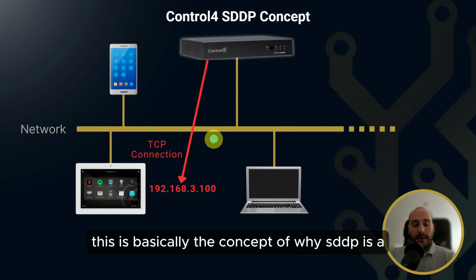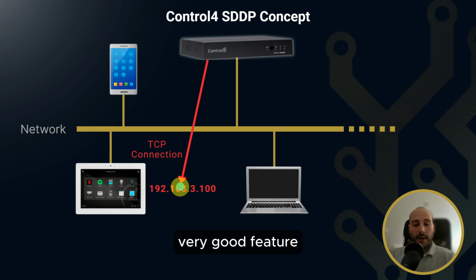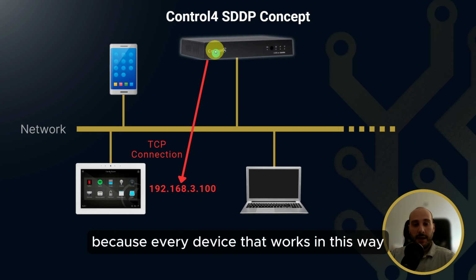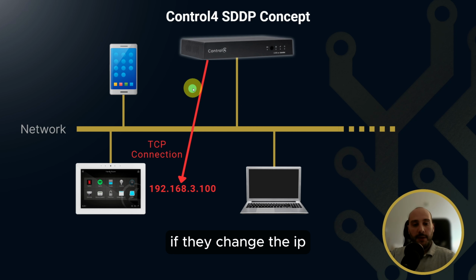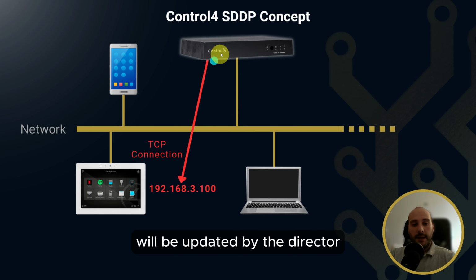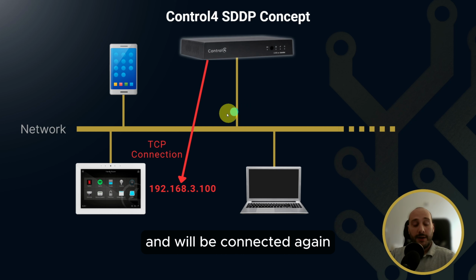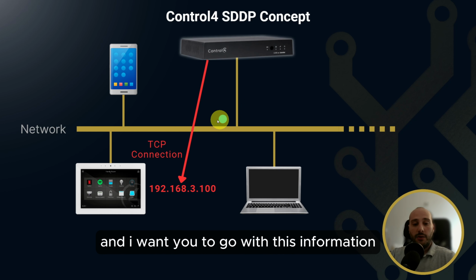This is basically the concept of why SDDP is a very good feature, as it makes the project more robust, because every device that works in this way, if it changes its IP, will be updated by the director and will be connected again.